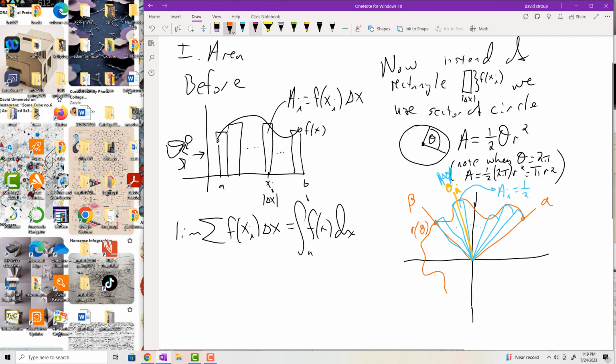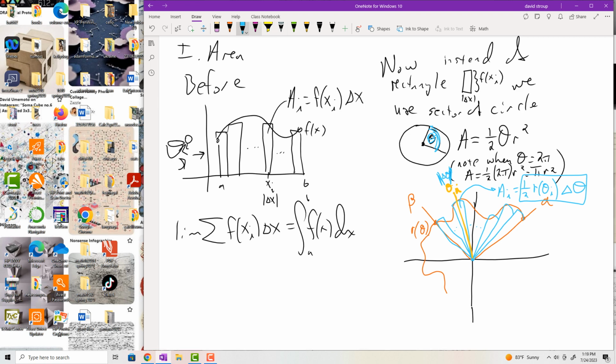So we have r at the position theta sub i, squared, and then times the change in theta, which would be this angle right here in the picture of the circle above. And that becomes the thing that the Riemann person is going to be adding up as they, in this case, rotate around the pole.